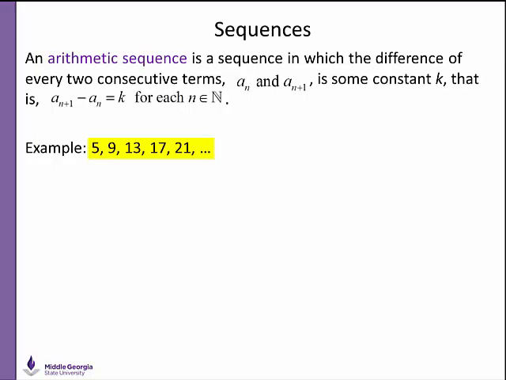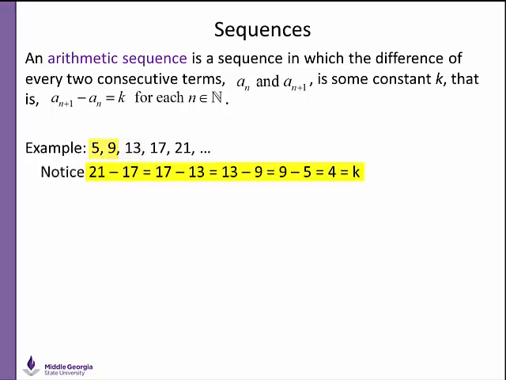And if we start looking at the differences of consecutive terms, 17 and 21 are consecutive, and 21 minus 17 is 4. 17 minus 13 is 4. 13 minus 9 is 4, and 9 minus 5 is 4. 4 is our k, the constant difference.